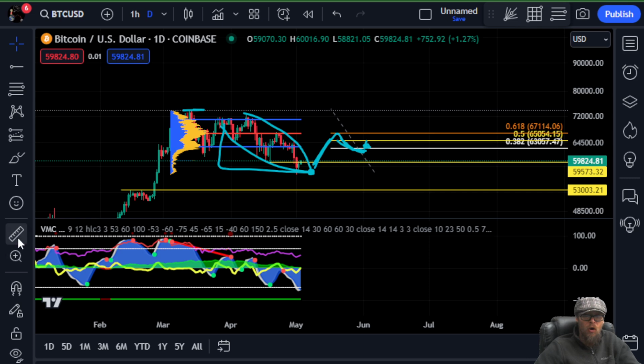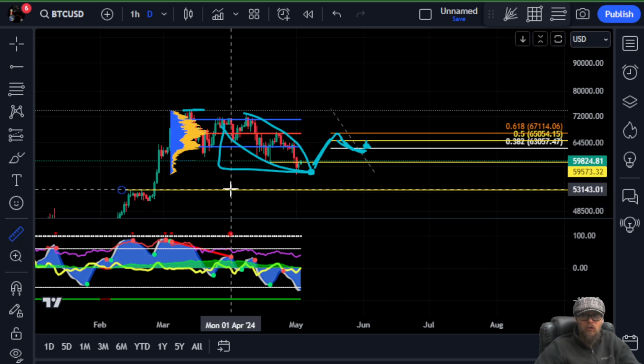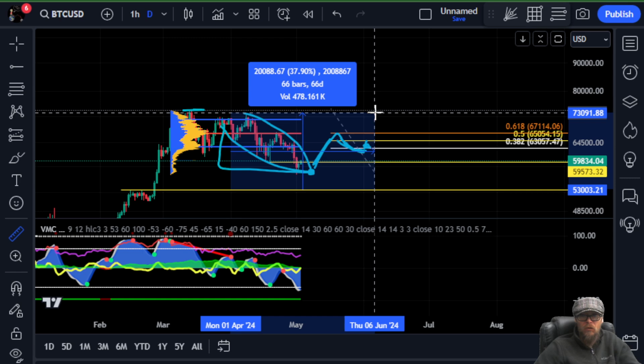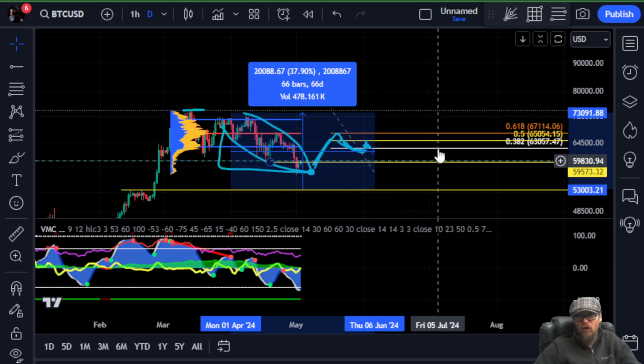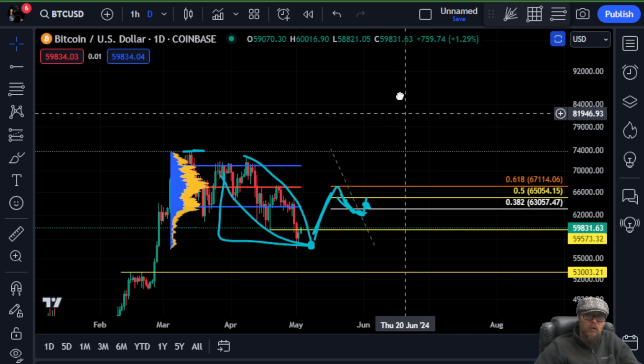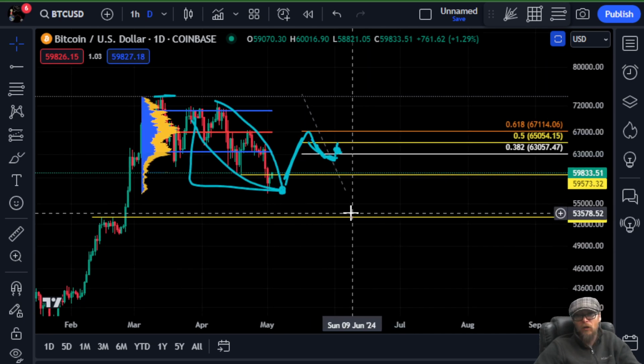If we had come all the way down to this last support resistance flip, that would have been 37%. That would have been a larger than average move. But it doesn't mean that we're not going to come down here.